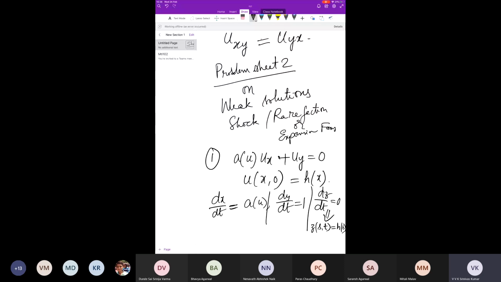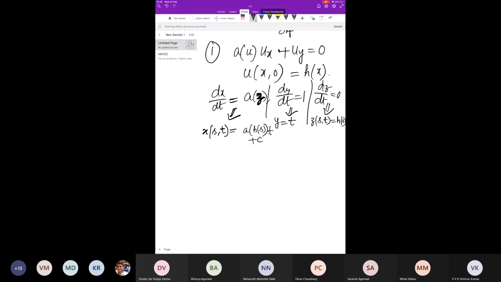Then x(s,t) is equal to, because u is constant, that is z, this is a of z, that is a constant, a of h(s) times t, and for that constant put t is equal to 0, that is equal to a of h(s) t plus s.